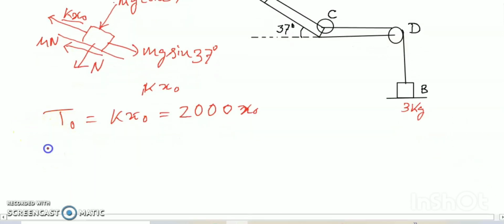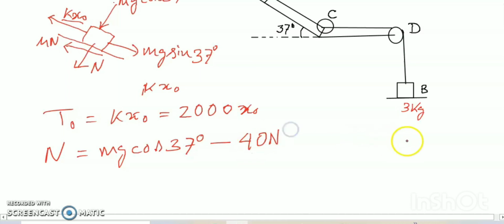In the normal direction, N equals mg cos 37 degrees, which is 40 N. How?